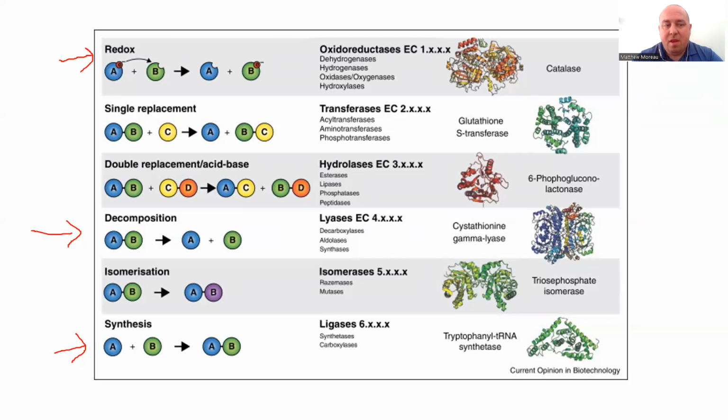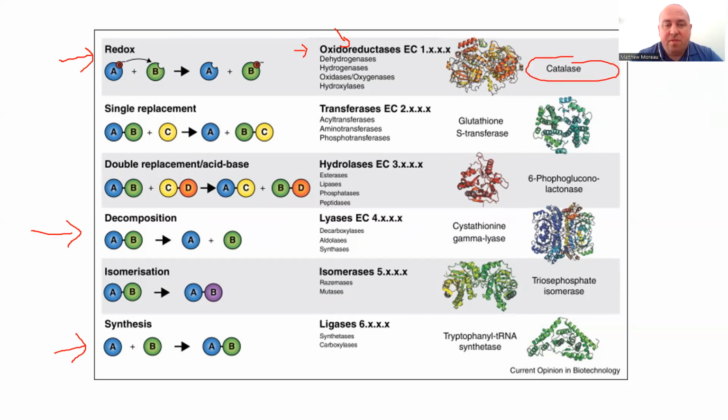So in this case, we have different classes of redox enzymes. One of the most common, especially for microbes, is oxidoreductases. Oxidoreductases are enzymes that help break down superoxides, including hydrogen peroxide, like the production of catalase.